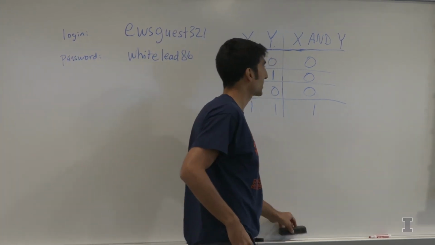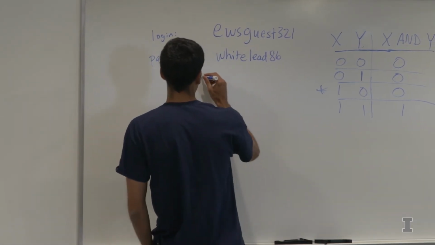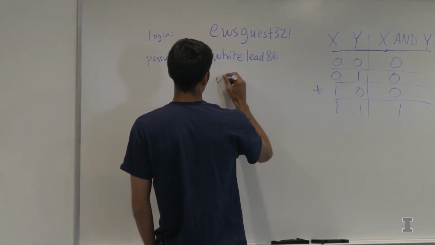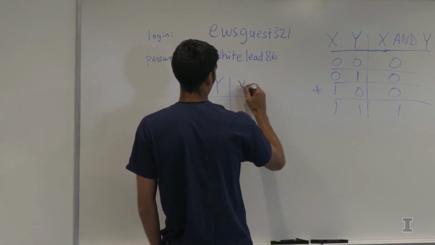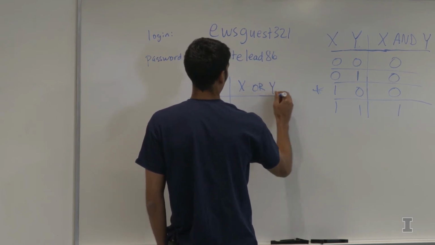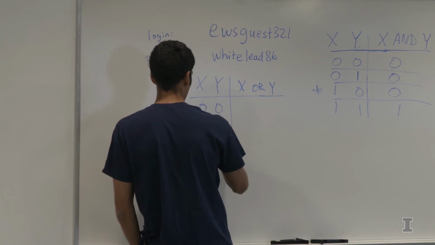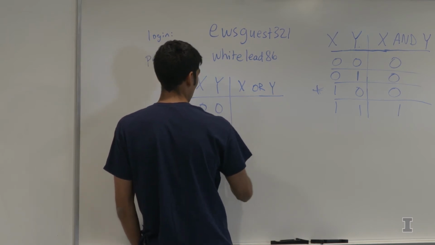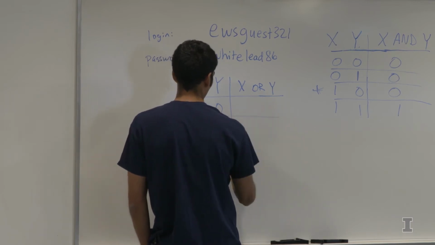Okay, so the next question I'm going to ask you is, let's switch the gate up. Let's build the truth table for OR. Is there a way to get something off the screen besides just dragging it out?